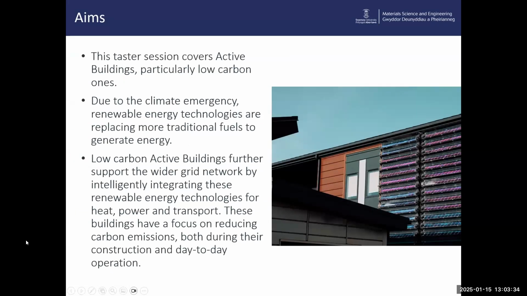So like I said, this taster session covers active buildings, and we're particularly interested today in low carbon active buildings and what that entails. As we're probably very aware, due to climate change, and these days it's a climate emergency, cleaner and more sustainable renewable energy technologies are replacing more traditional fuels like coal, natural gas, and oil in order to generate energy.